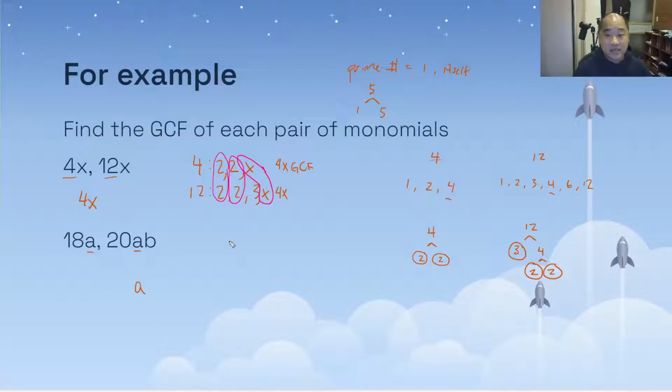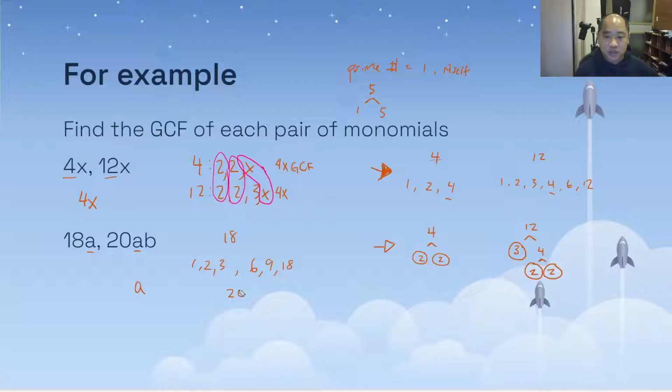For 18, I'll do one this way, and then I'll do one this way. So for 18, I'll do it with the factor listing method. No, I should do them both the same way, huh? Let's do it this way. 1 and 18, 2 and 9, 3 and 6, and that's it. 4 and 5 are not factors, and then you get the 6, and then you know you're done.